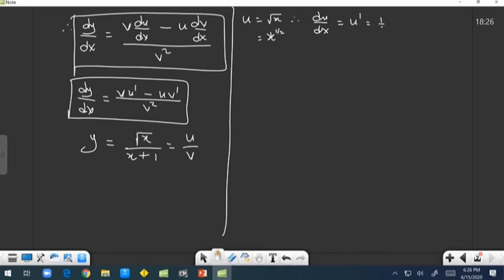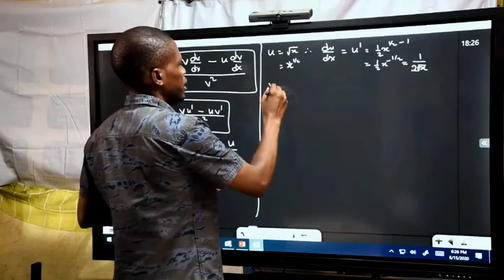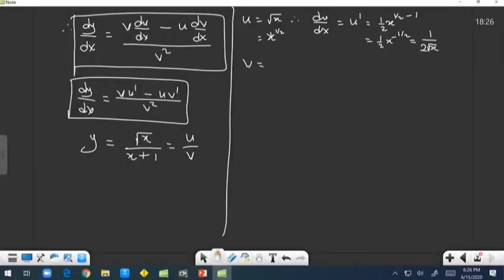So you have half x to the half minus 1, that is half x to the minus half, which is the same as 1 over 2 root x. So that is u prime. And v is equal to x plus 1.